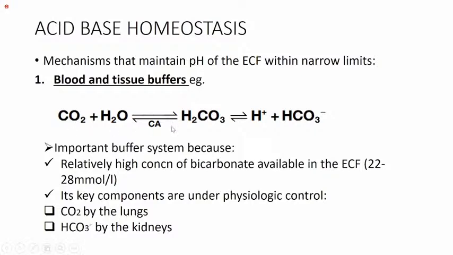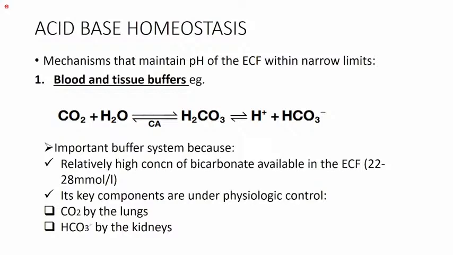So this becomes a very important buffer system because you have a relatively high concentration of bicarbonate within the ECF. It is in a range of between 22 to 28. Some texts will say between 22 and 26, so it depends on what you're reading. But there's a relatively high concentration of bicarbonate available to buffer excessive hydrogen ions.